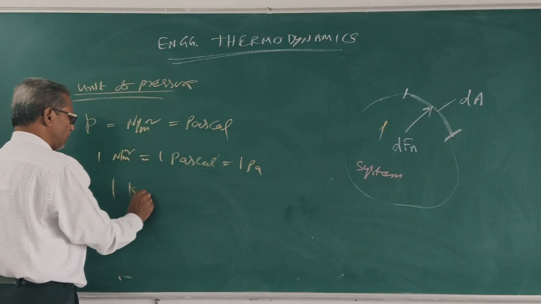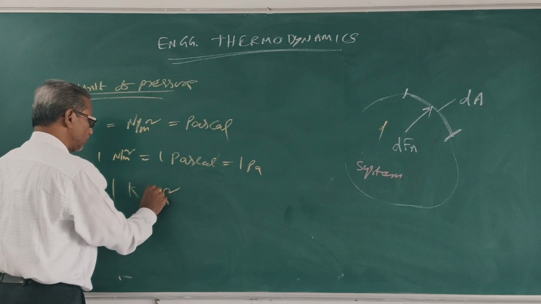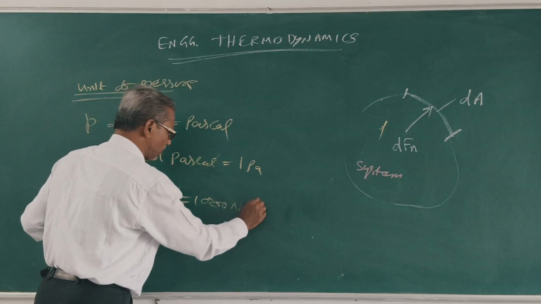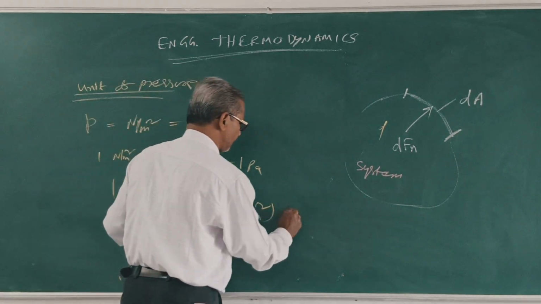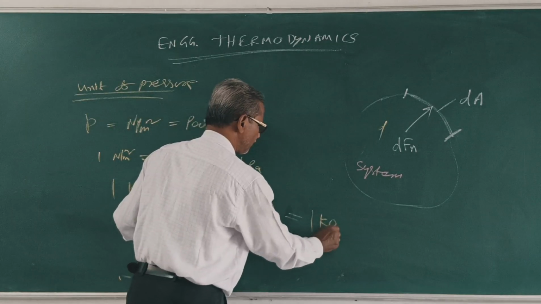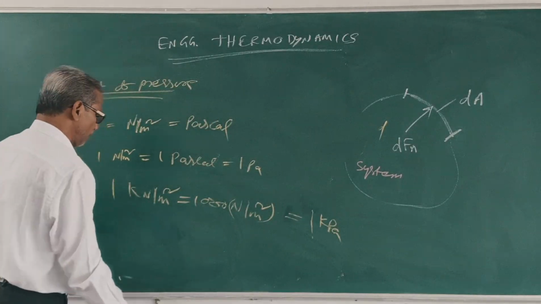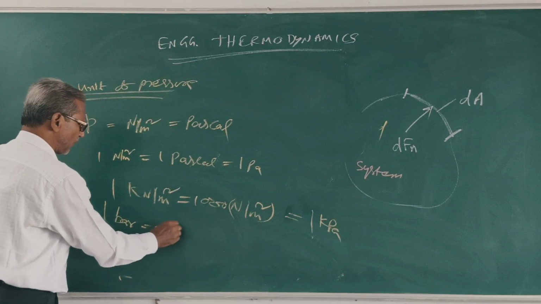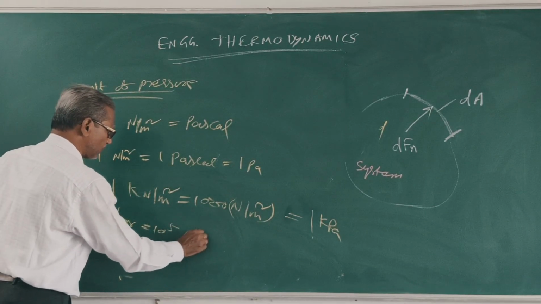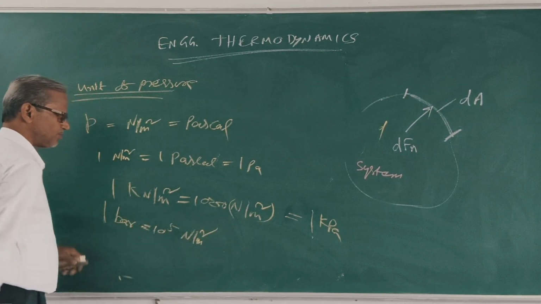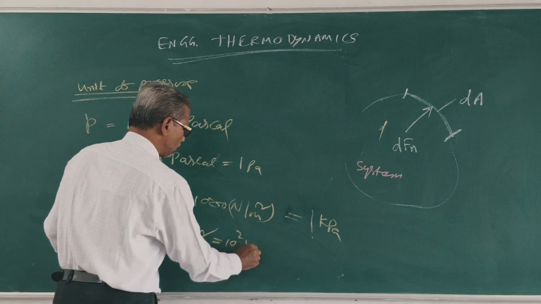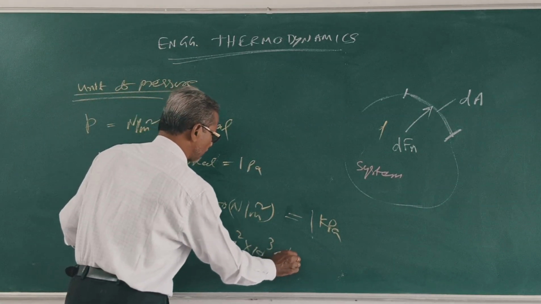1 kilonewton per meter square is equal to 1000 Newton per meter square. This is 1 kilopascal. 1 bar is equal to 10 to the 5 Newton per meter square, which is equal to 10 to the 2 into 10 to the 3 Newton per meter square.